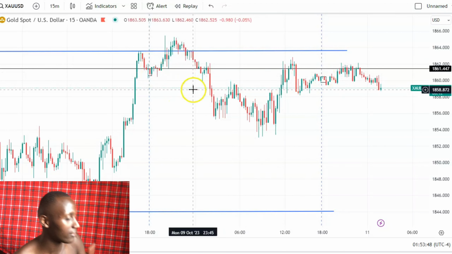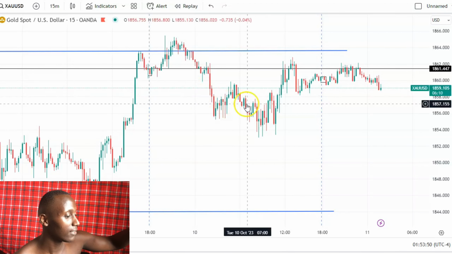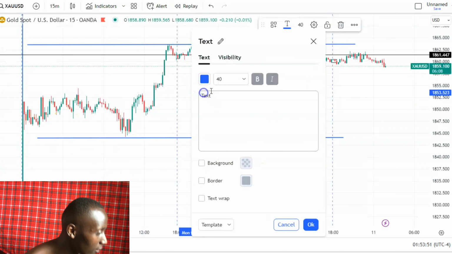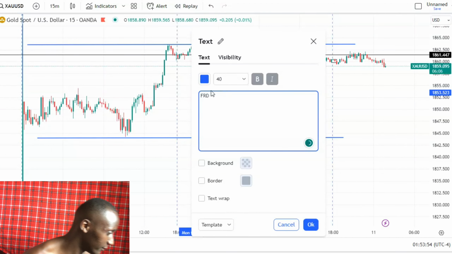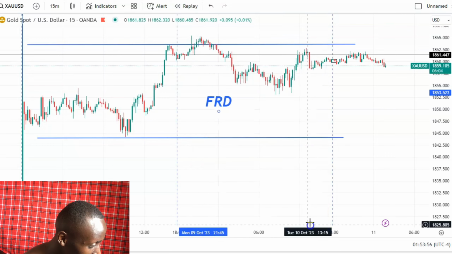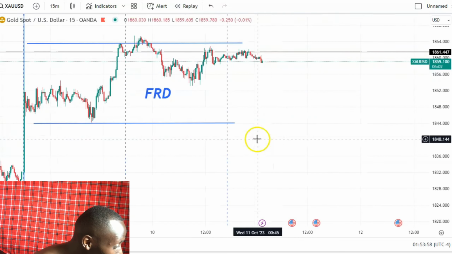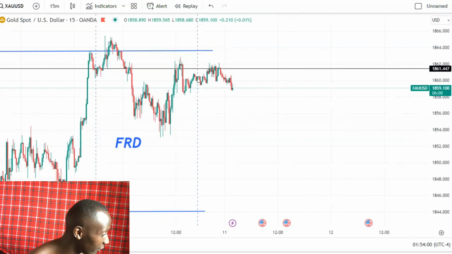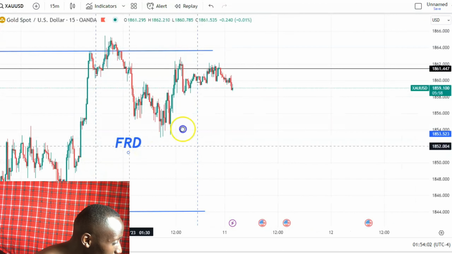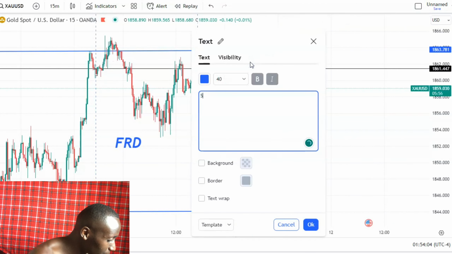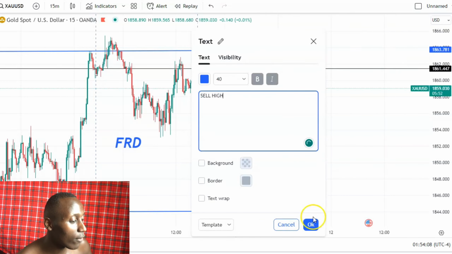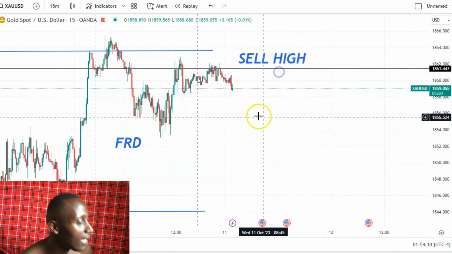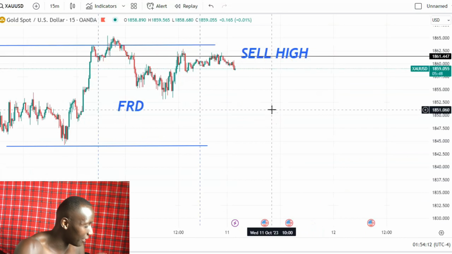So this is just a pin, but it is my first red day. Meaning today when I'm coming to the screen at 8 a.m., I'm looking for a sell high setup. I'm looking for an opportunity to sell high, nothing else.